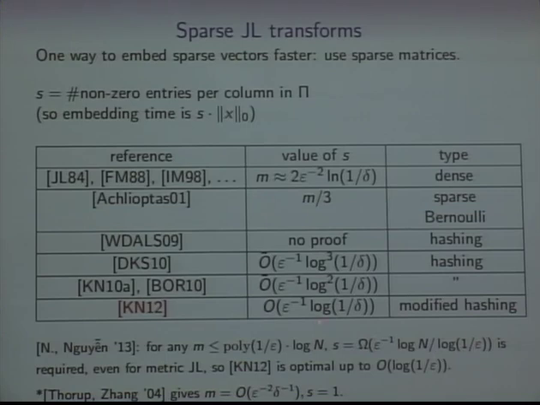So this bound is almost optimal. Not just the analysis of our construction, but any linear map that provides an embedding must have large sparsity. Okay. And I should also mention that in distributional JL, the dependence on delta should be log of 1 over delta. But if you're willing to blow that up to 1 over delta, you can even get sparsity 1. And that's from work by Thorup and Zhang.